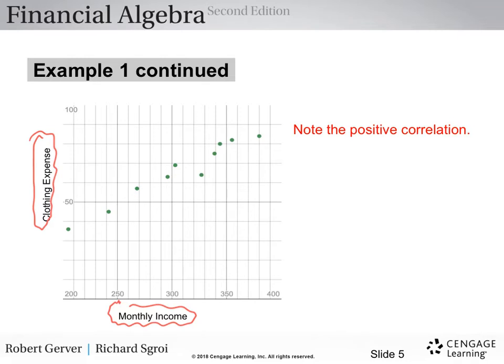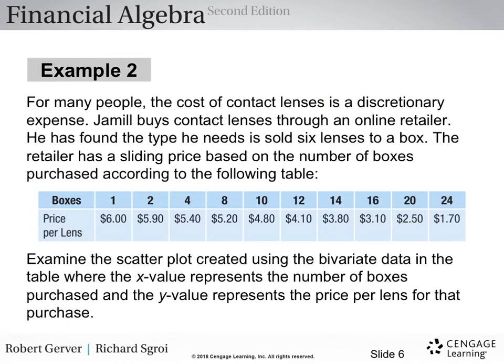So you can see the various points we've got. Now notice, as we're increasing our monthly income, the clothing expenses is going up. So this indicates a positive correlation, or in other words, a way of looking at it is a positive slope. So let's look at example 2.